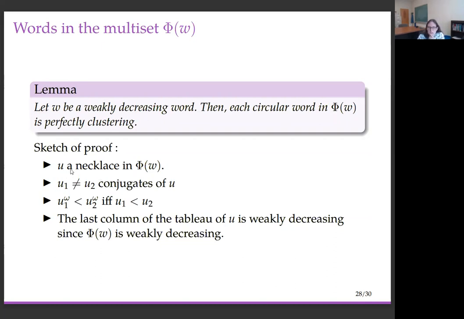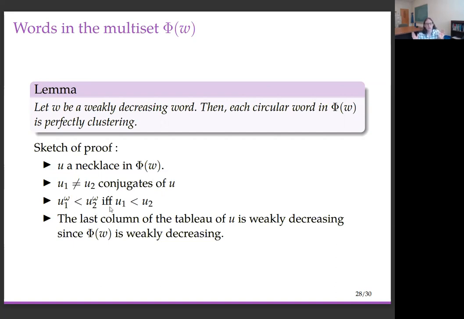You just take a necklace U in phi of W, and you take two of its conjugates, which are not equal. The order in the tableau of phi of W is simply U1 repeated infinitely many times is smaller than U2 repeated infinitely many times.